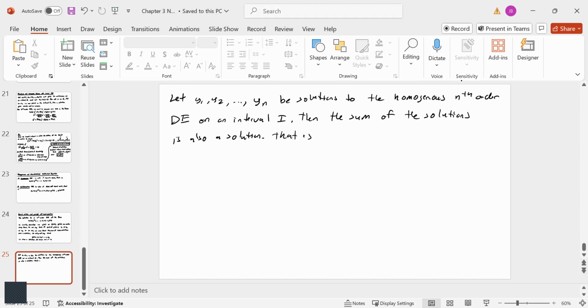That is, y is equal to y1 plus y2 plus dot dot dot plus yn. Okay?